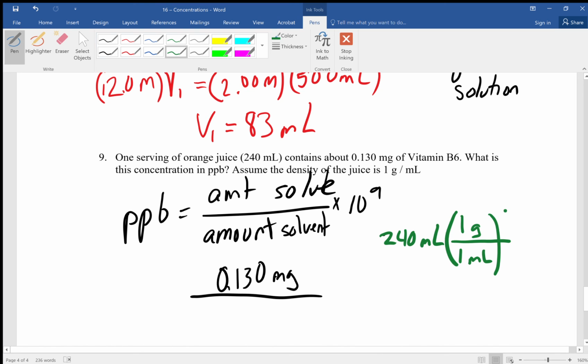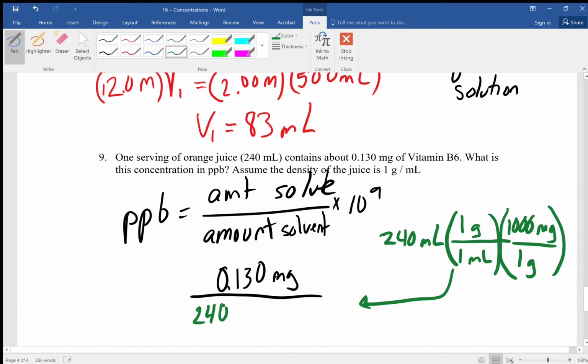That'll give us grams, and then we need to go to milligrams. 1,000 milligrams over 1 gram is equal to 240,000 milligrams. We multiply that result by 10 to the 9th, and we find that the concentration of vitamin B6 in orange juice, when expressed as parts per billion, is 542 parts per billion.